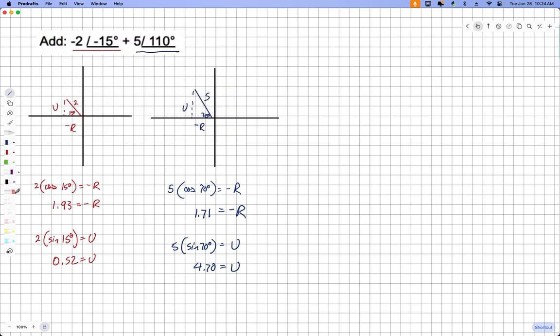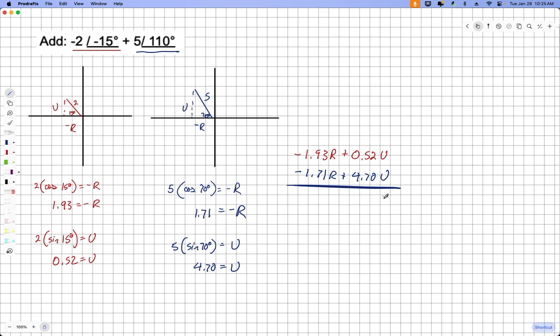Okay. So now we just put them together. I've got negative 1.93R plus 0.52U. And I've got negative 1.71R plus 4.70U.